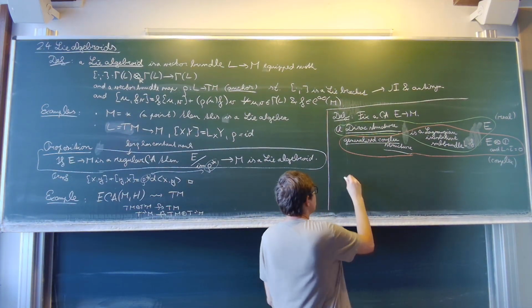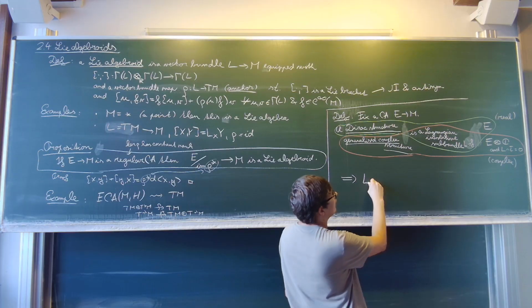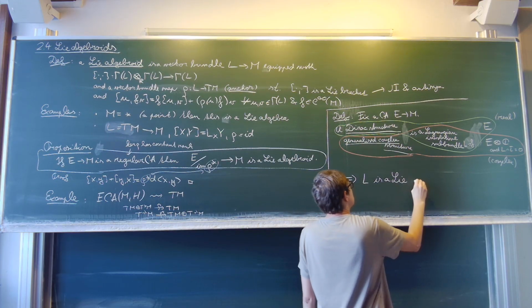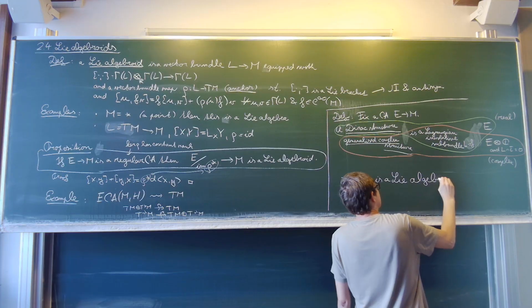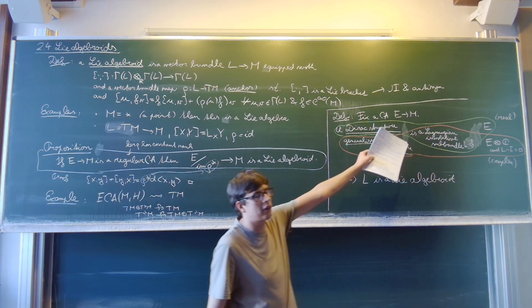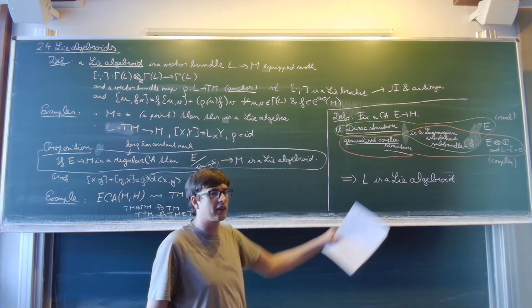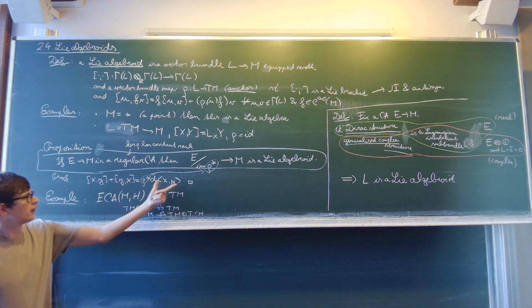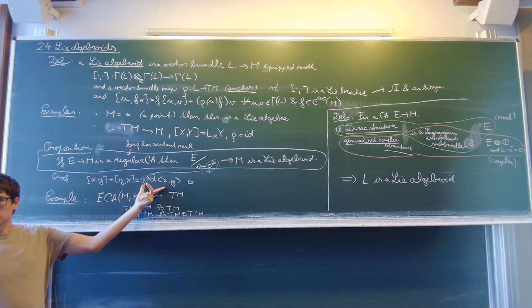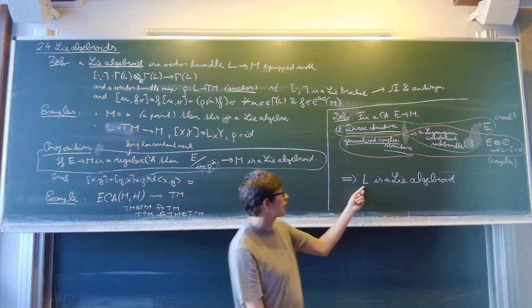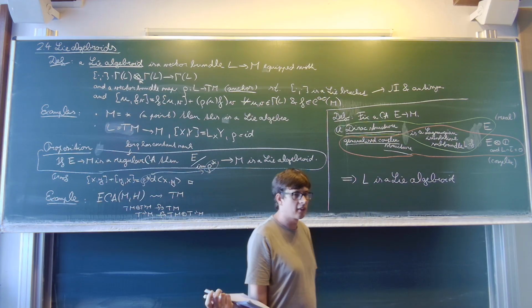So one implication from this is that L in both cases is a Lie algebroid, simply for the reason that it's Lagrangian, so it's isotropic. So the pairing of it vanishes, and if the pairing vanishes, then the right hand side of this guy is 0. So the bracket on these sections is actually anti-symmetric.